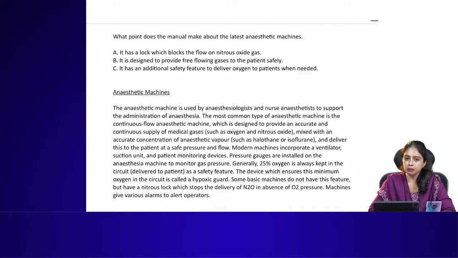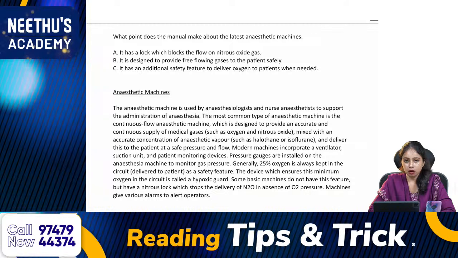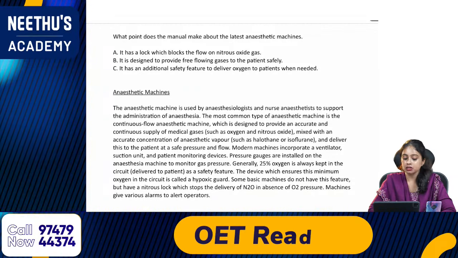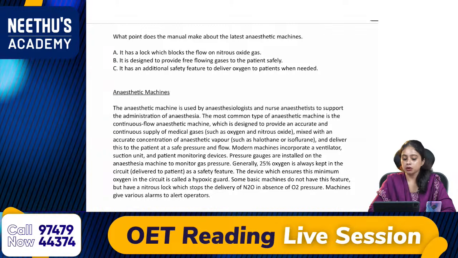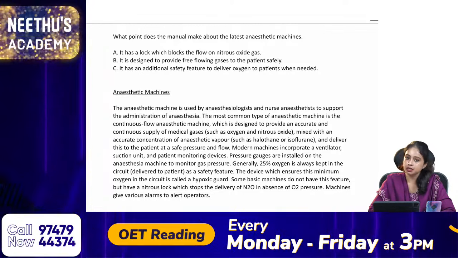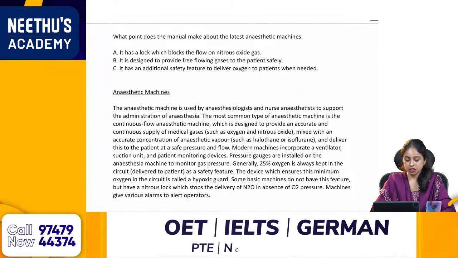And in a manual the heading is important always, and 90% you will get the answer from the heading itself. Because it is not about a person, not about a staff or people or anything, it is all about a machine or a device. Alright. Okay, so we are just reading the question first.